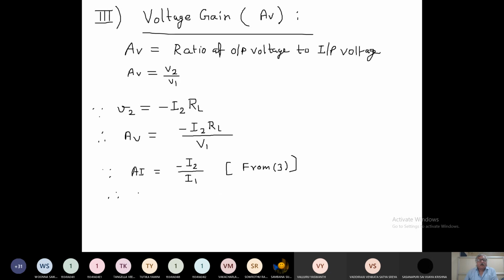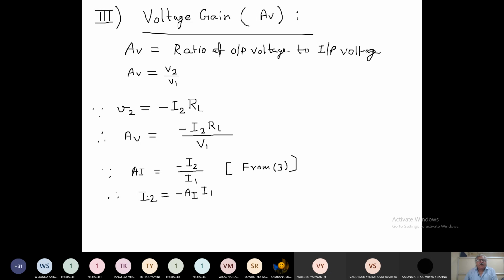Therefore I2 is equal to minus AI I1, right?